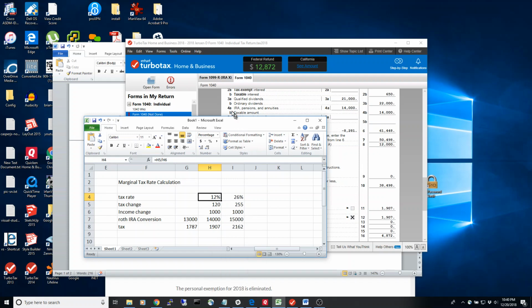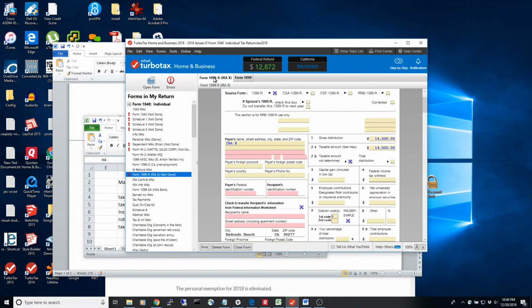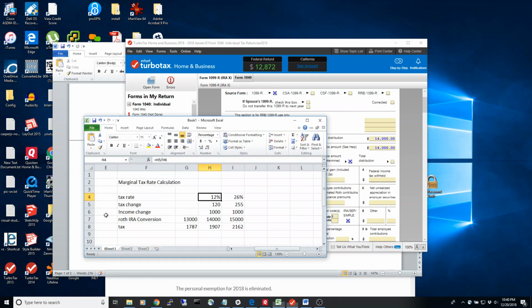I can do the same thing for a different number here. In this example, I've already done it: I again used the $1,000 difference, but this time that produces a $255 difference in taxes, which basically puts me at the 26%.